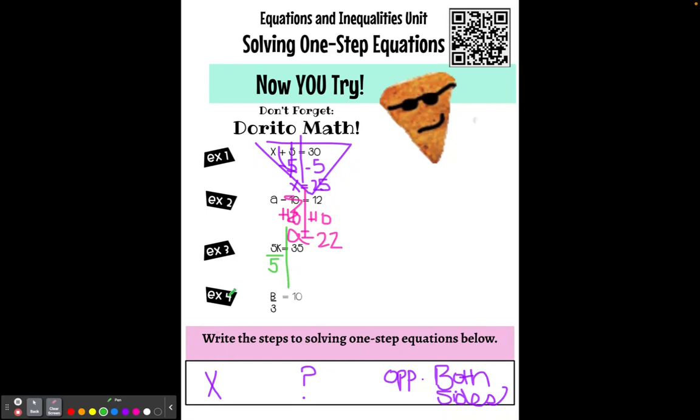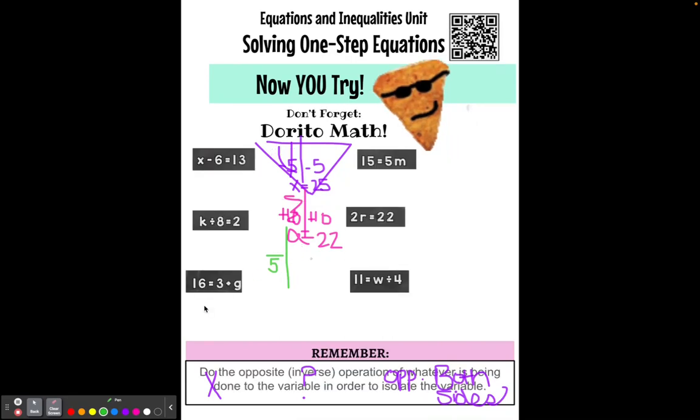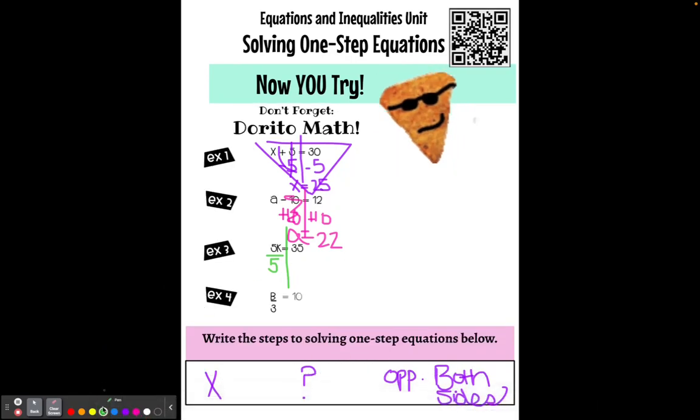What was my variable? K. What's being done to it? I'm multiplying by 5. So I need to do the opposite of multiplying by 5, which is dividing by 5. And I have to make sure I do that to both sides. So doing it to both sides, I need to divide this side by 5 now as well.